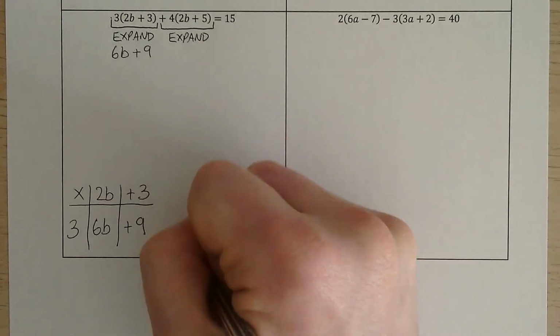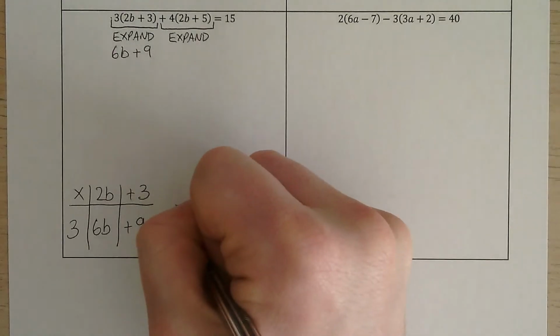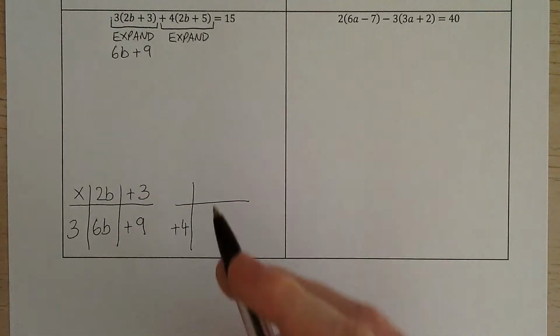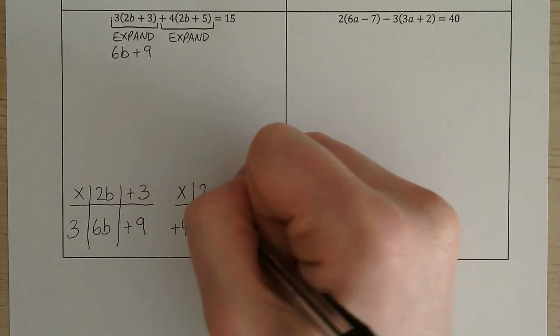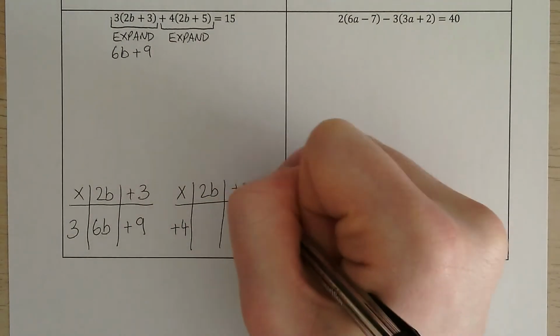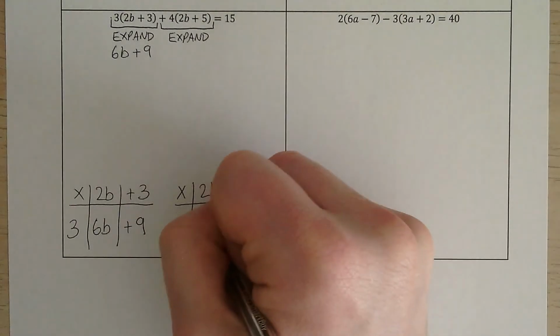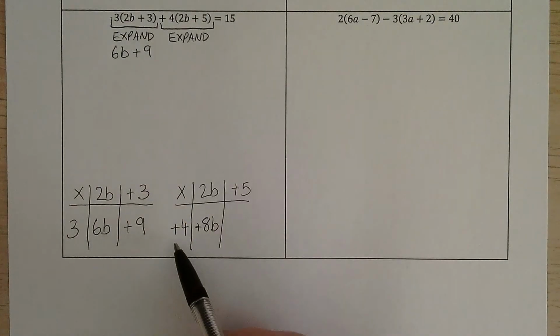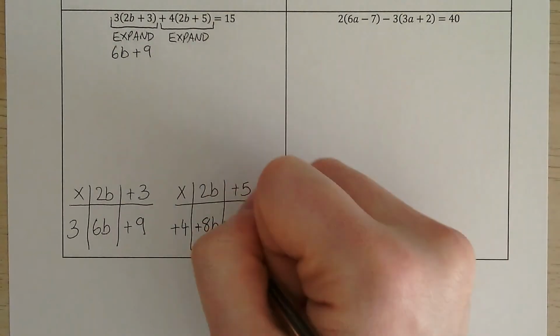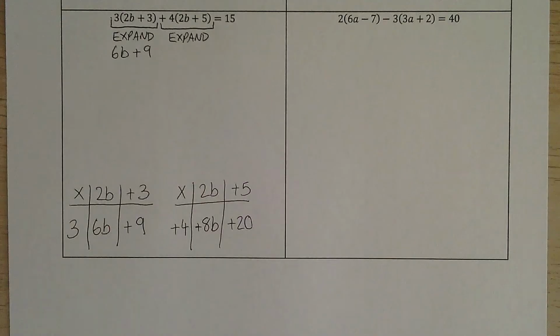So I can write 6b, add 9 underneath the first bracket. The second expansion is going to have plus 4 on the left and 2b and plus 5 across the top. Positive 4 times 2b is positive 8b, and positive 4 times positive 5 is positive 20.